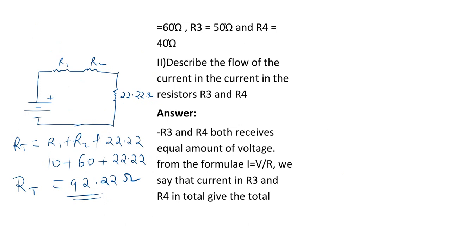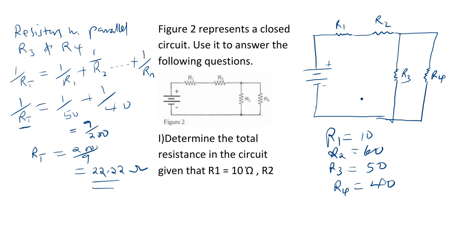The other question is asking us to describe the current flow in R3 and R4. R3 and R4 both receive an equal amount of voltage. When you look at this circuit, R3 and R4 are in parallel, and one important thing in a parallel connection is that each resistor will receive a voltage equal to the voltage supply source.